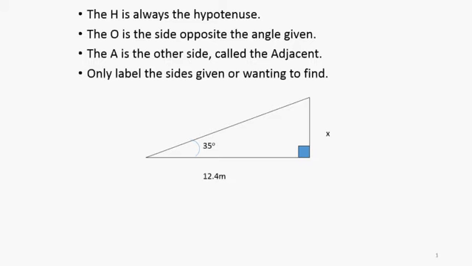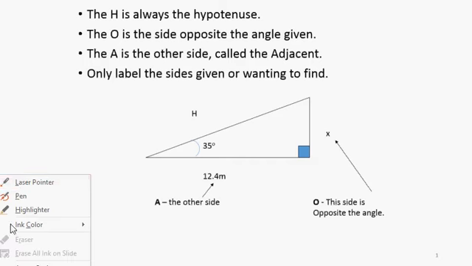So, looking at this, we have the hypotenuse, which is always going to be the longer side, the adjacent side, which is always going to be next to the angle, and the opposite side is always opposite to the angle.